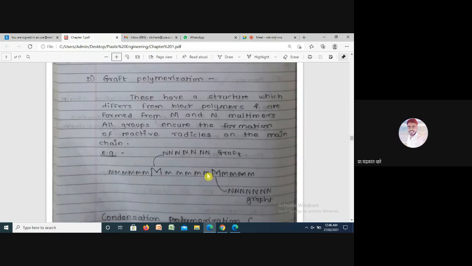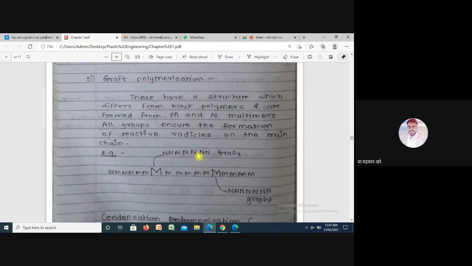So this is about the graft polymerization. Once again, I will discuss what is the meaning of graft. Graft is a combination of homopolymerization method and the graft. Here, if you see, there is the MMM. This is the homopolymerization method. After that, there is a big M we have mentioned.